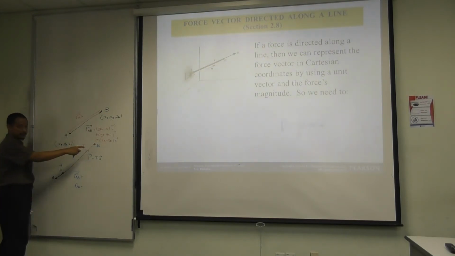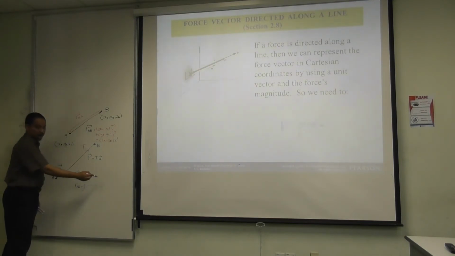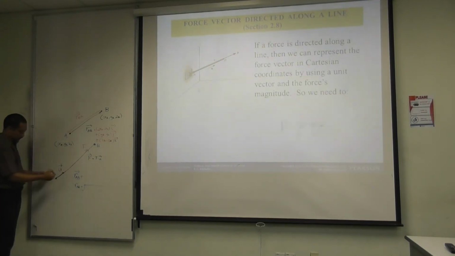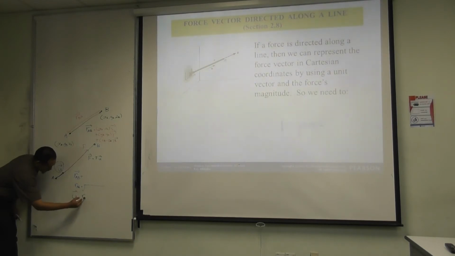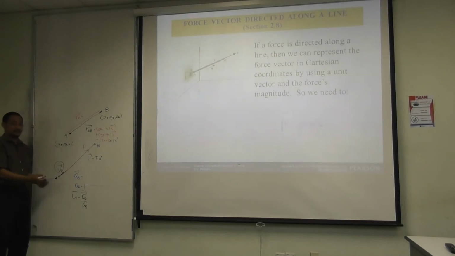Yes. How? Square root of the x, y, z components squared, right? If you know this one, you can determine the unit vector straight away by R_AB vector divided by R_AB magnitude. Once you get the unit vector, you can just multiply with the magnitude of F to get the vector F.